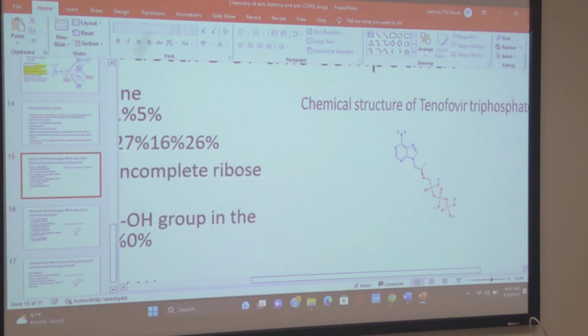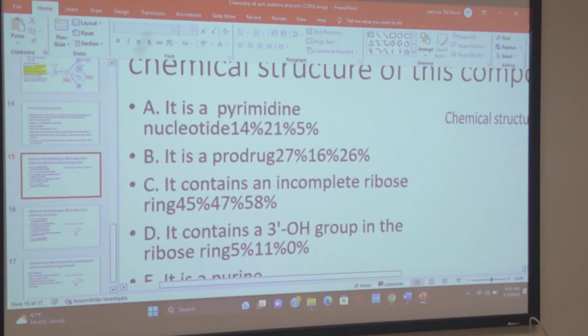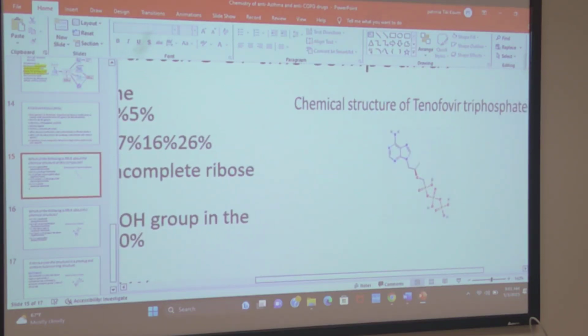If you look into the base structure, it's not a pyrimidine, it is a purine. Then is it a prodrug? No, it is not, because it is the active drug. The prodrug is the dipropyl, remember that big masking, the chemical modifications that need to be removed to make this the active drug.